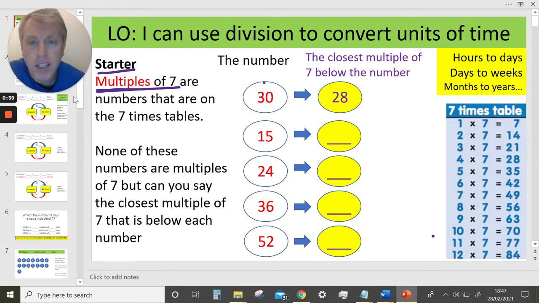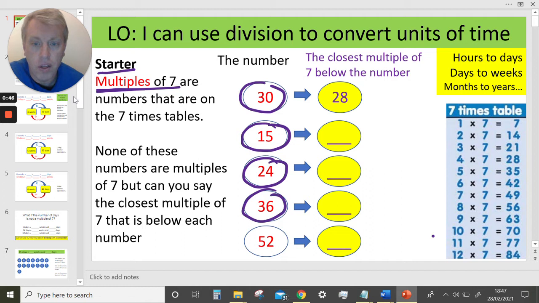And I've written some numbers here: 30, 15, 24, 36 and 52. None of those numbers are multiples of 7. But your job for this starter is to think, in each of these yellow boxes, to write in the multiple of 7 which is closest to this number on the left but below it.